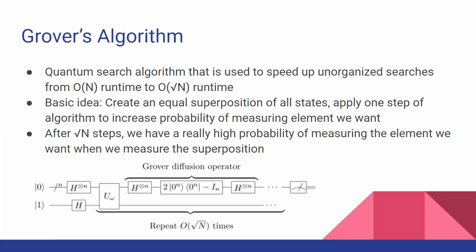But the idea here is, we want to increase the probability that when we measure this system of qubits, the state we're looking for has the highest probability of being measured. So every time we apply this algorithm, the probability that we measure the element we want increases, while the probability we measure elements we don't want decreases.